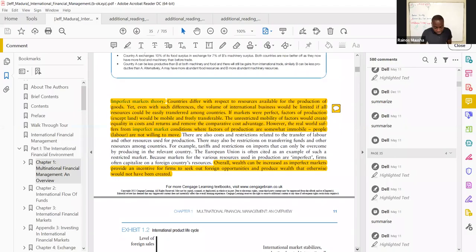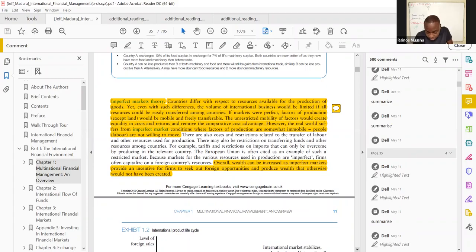Now, apart from those two, there is also the imperfect markets theory. Here they say countries differ with respect to resources available for the production of goods. Yet, even with such differences, the volume of international business would be limited if all resources could be easily transferred among countries.